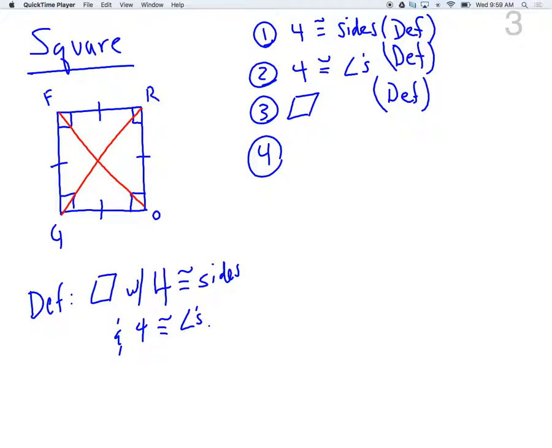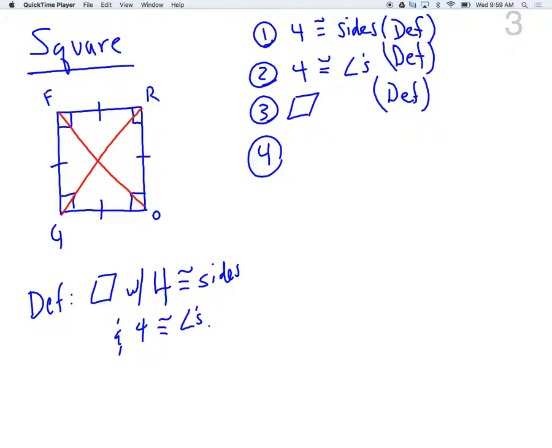You didn't answer my question. You said all squares are rectangles, and I said why? Because I just told you they are both parallelograms.